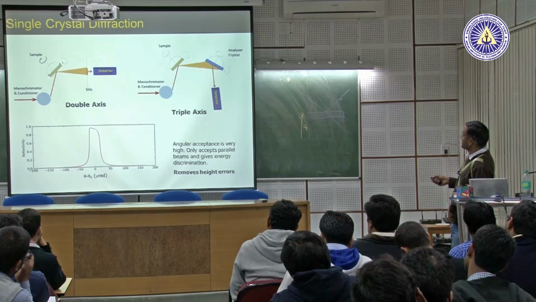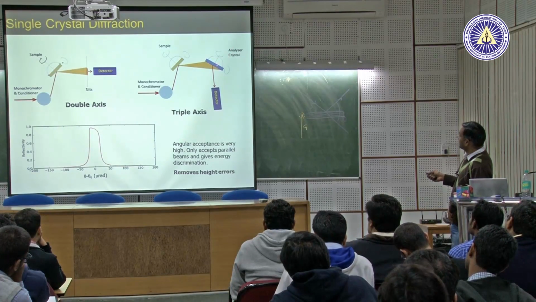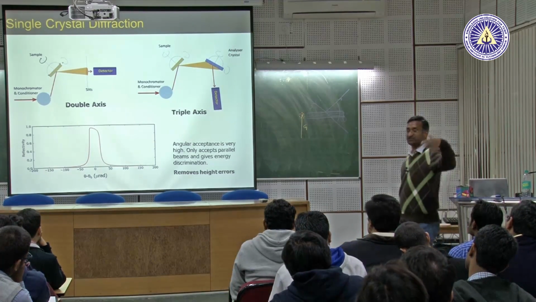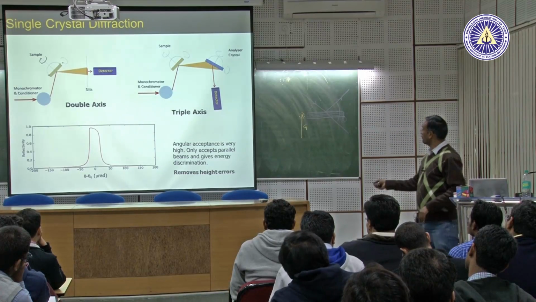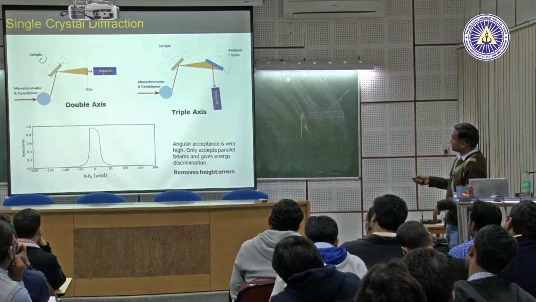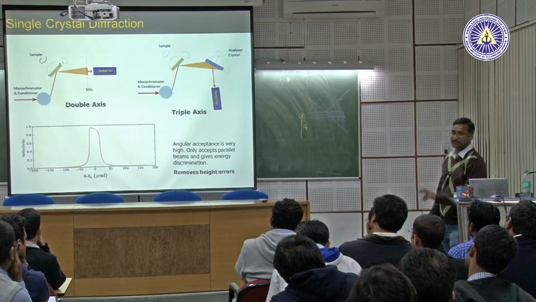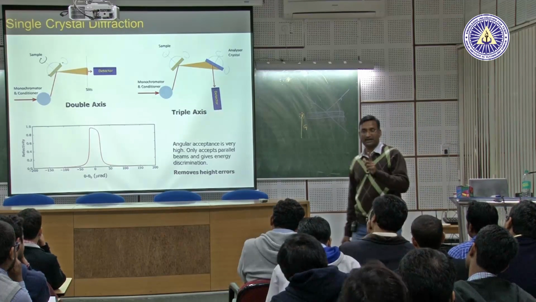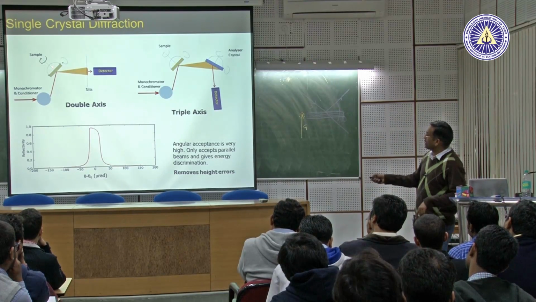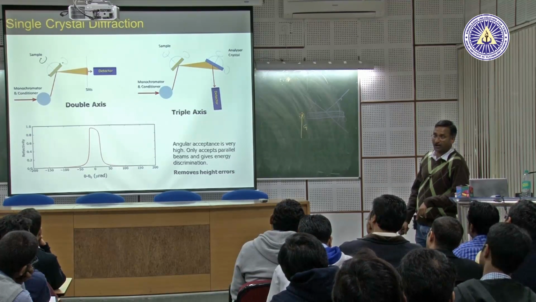In the triple axis measurement, you also rotate the analyzer crystal through which the beams go to the detector. What this does is, if you directly take the beam from the sample to the detector, then the aperture of the detector is limited. As a result, you are not able to collect a lot of data, which means you won't be able to collect a huge variation in omega.